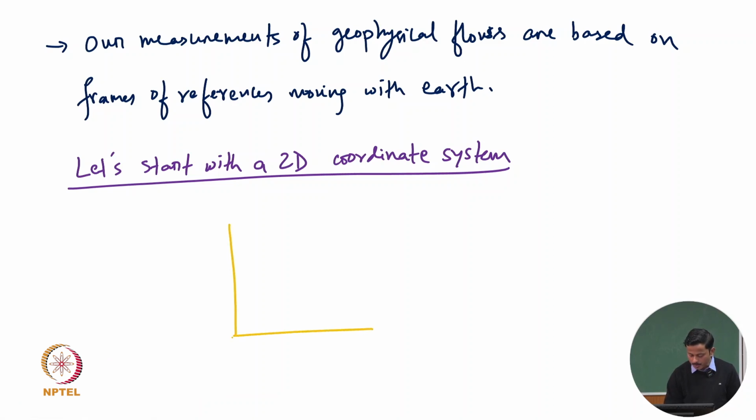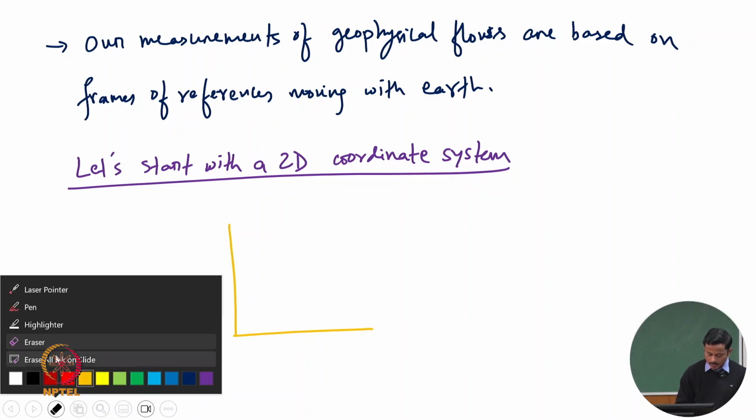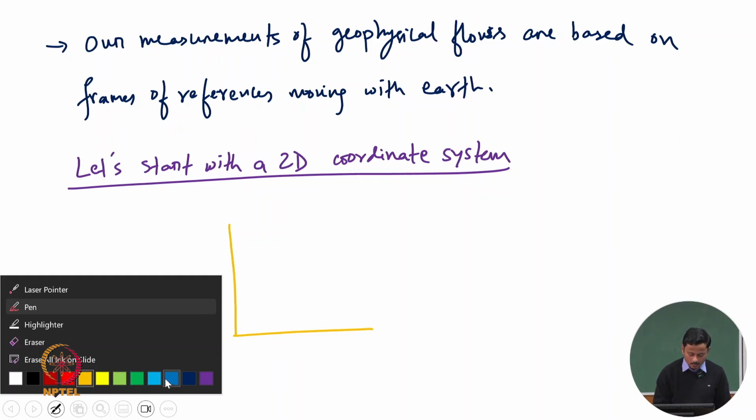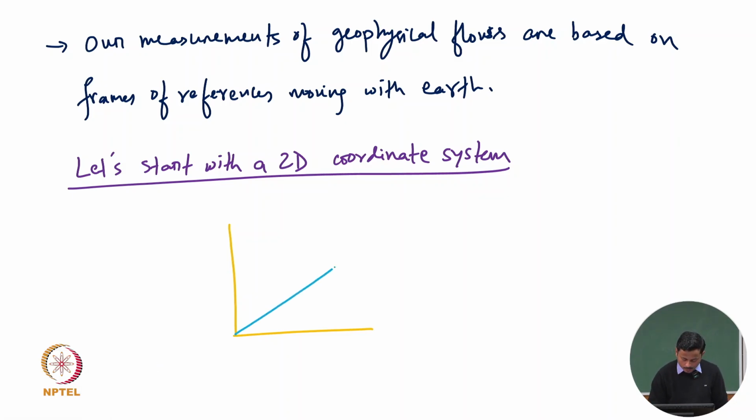For the sake of simplicity, I'm just doing it on a 2-dimensional system, whereas the Earth is 3-dimensional, but it does not matter. We will extend our derivation to the third dimension, and we'll see that we can easily derive the modifications to the equations of motion. I'm also assuming that both of them have the same origin. This is not an assumption that will break any physics. It is just for simplification.